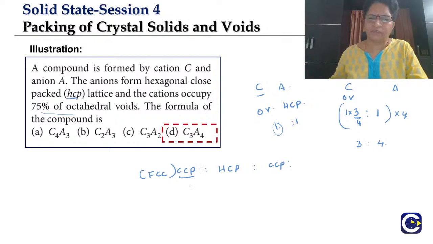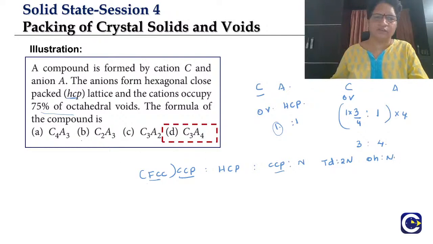CCP means cubic close packed structure, so it will become FCC, face centered cubic. Number of close packed structures are N. Tetrahedral voids will be double the number of close packed. Octahedral voids will be equal to N. So let me repeat this. HCP would be N, tetrahedral voids are 2N, octahedral voids are N.